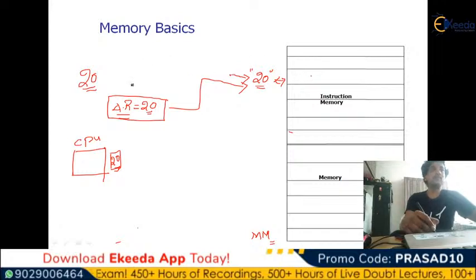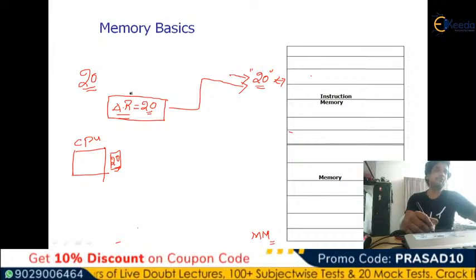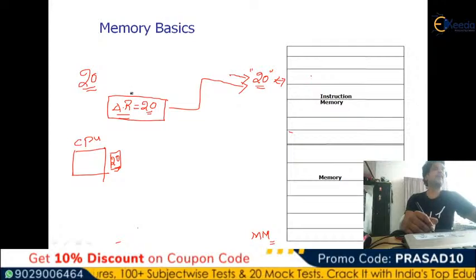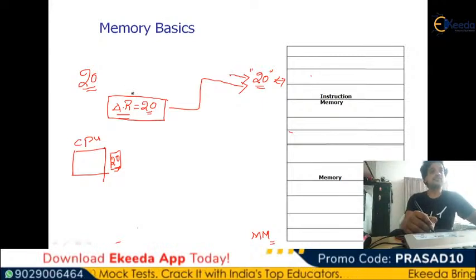So the address register is the register which is essentially used to send the addresses and locate them within the main memory by the CPU. Whenever the CPU wants to refer to an address, that address will be transferred to the address register. This is what the address register is all about.